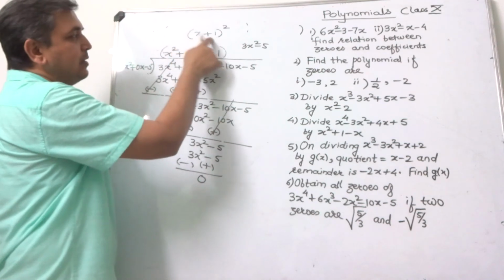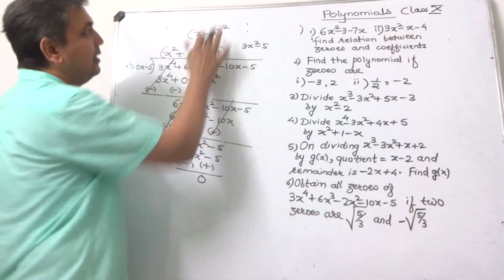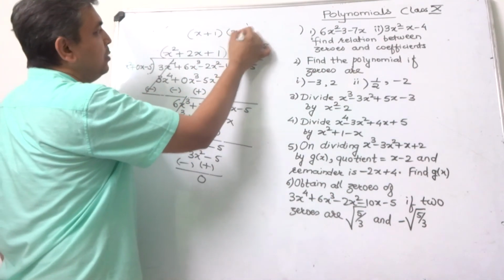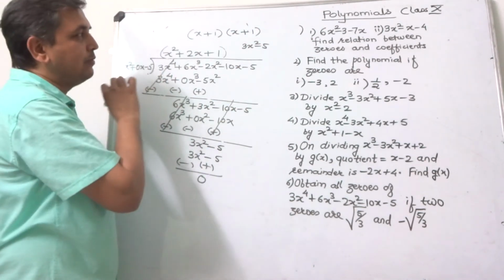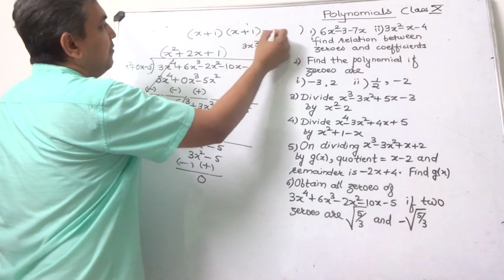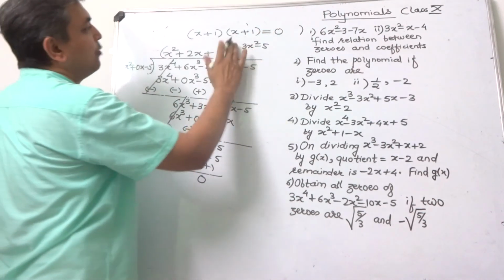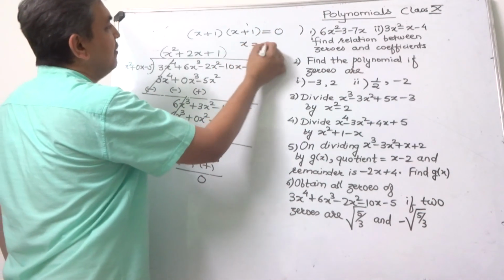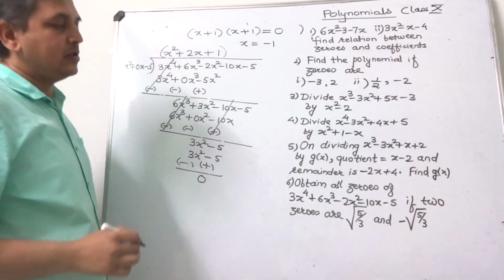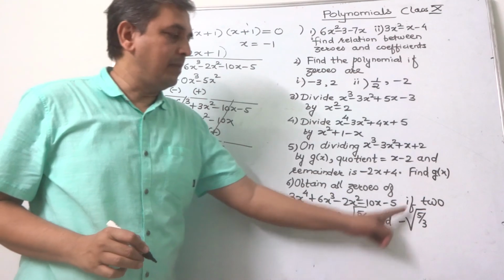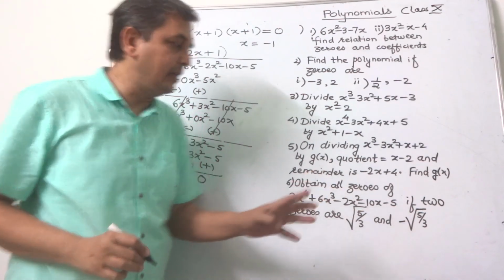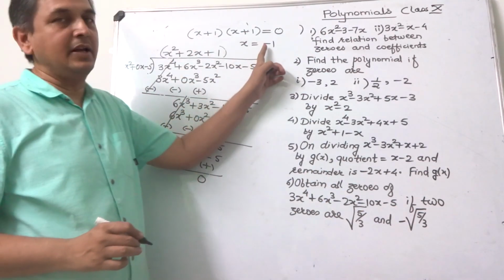Now if x plus 1 whole square is a factor, that means x plus 1 into x plus 1 is a factor. So zeros of the polynomial become, we put this equal to 0, and from here we get x equal to minus 1. So zeros of the polynomial are root 5 by 3, minus root 5 by 3, these are given, and the other zero is minus 1.